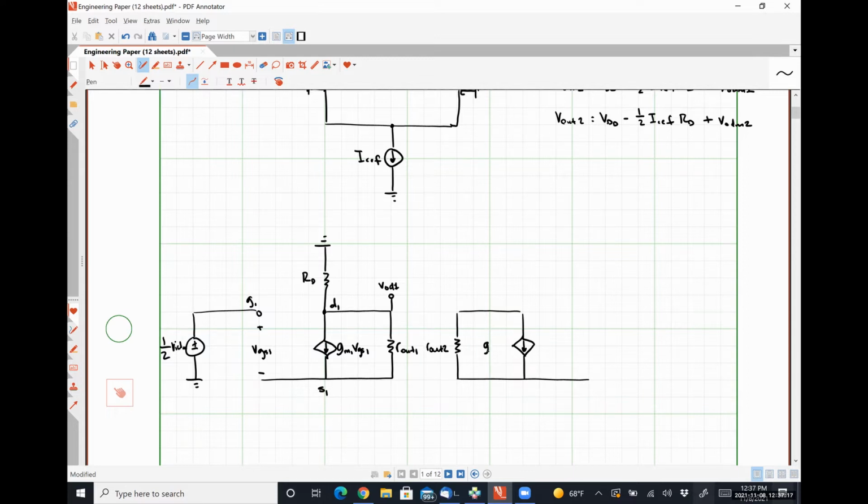RD2, gm2, VGS2, VODM2, RD, minus 1/2 VIDM.